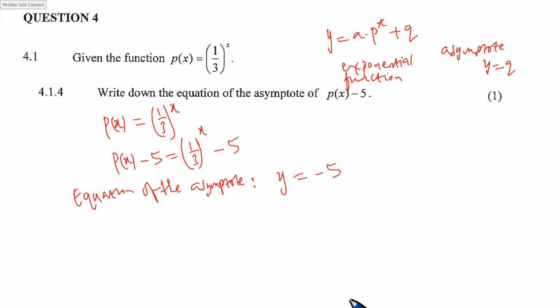So y equals minus 5. That is the equation of the asymptote. So the exponential function, therefore, does not have any other asymptotes. There's only one, and it's given by the constant, the q that's there. So we continue.